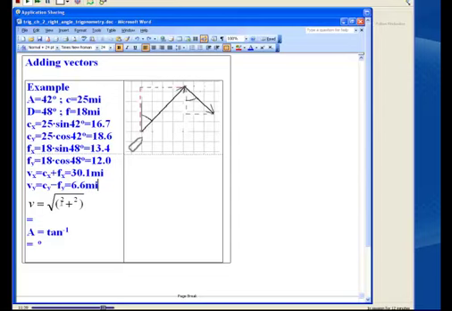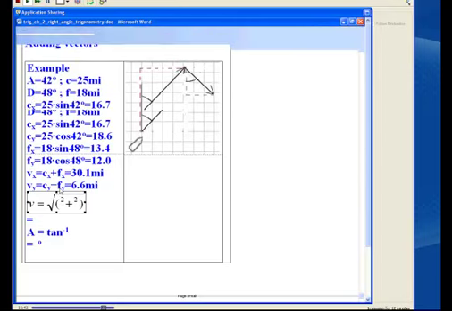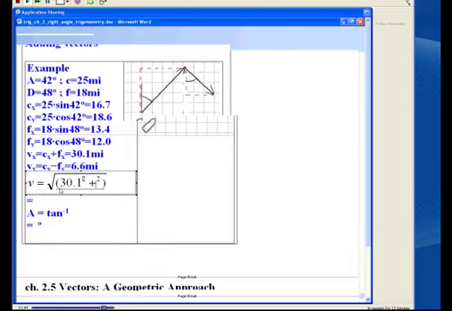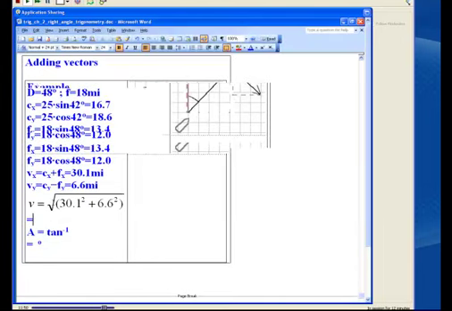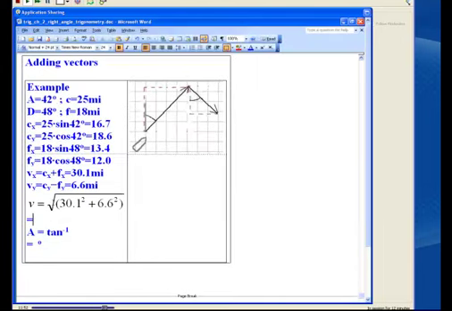So I plug these in: 30.1 squared plus 6.6 squared, and I do that on the side. 30.1 squared is roughly 900. 6.6 squared is roughly 40. Add those two, then the square root of 940 is in the neighborhood of 30 or 31. 30.8 rounded is what I get, but it looks like we have two significant figures, so we should round to 31 miles, which is the same result that we got in the previous section.